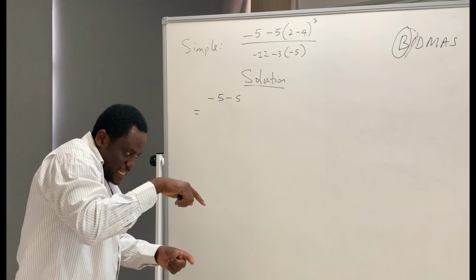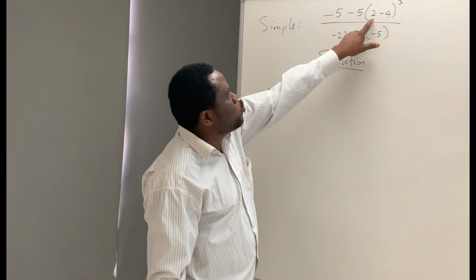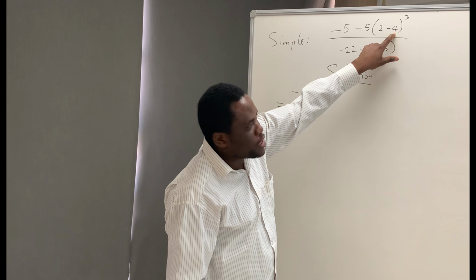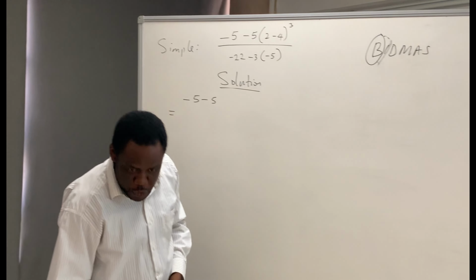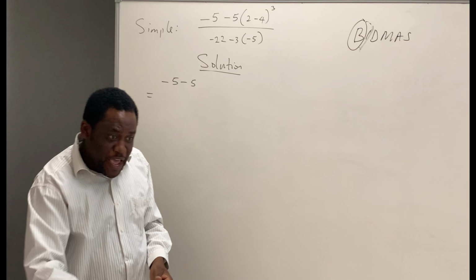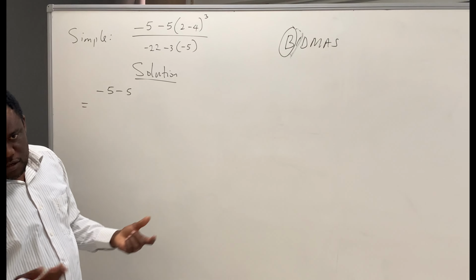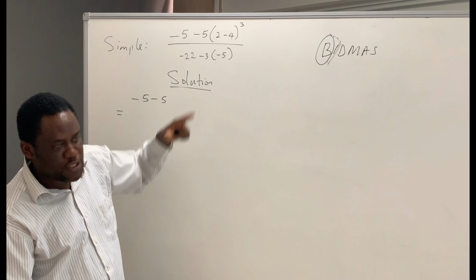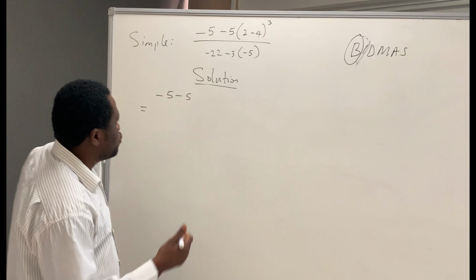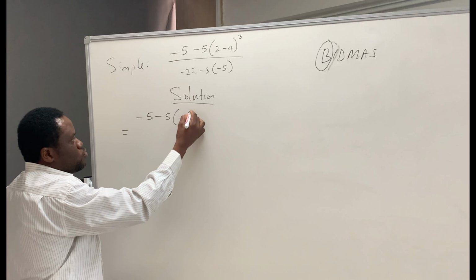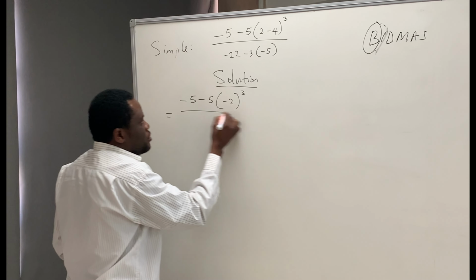My target is bracket. What is inside the bracket? So, 2 minus 4. It means you have $2 with you. You are owing $4. If we pay 2 out of the dollars, we are still going to be owing $2. So this will give us minus 2 power of 3 divided by.